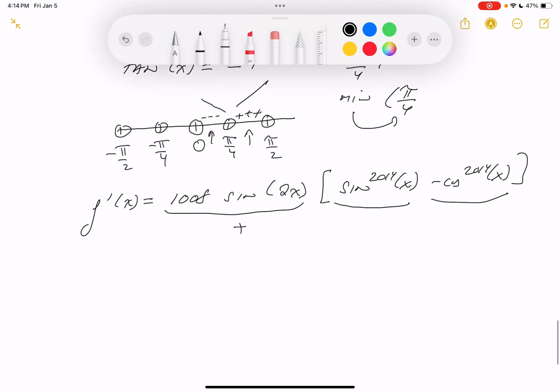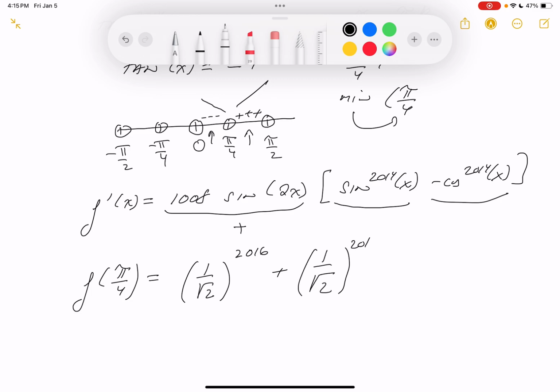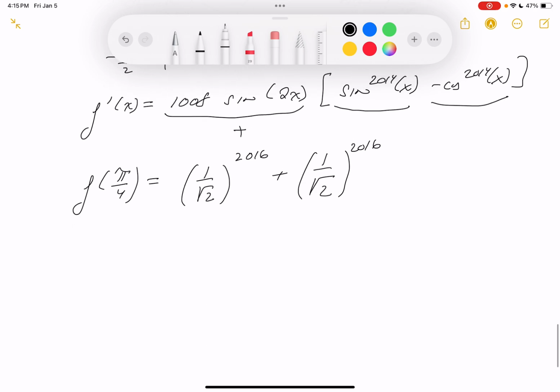That's where it occurs. So I go back to my original function, which is going to be f at pi over 4. And that's going to be the sine of pi over 4, which is 1 over root 2, to the 2016, plus the cosine of pi over 4, again 1 over root 2, to the 2016. And this is going to be 2 of those things.